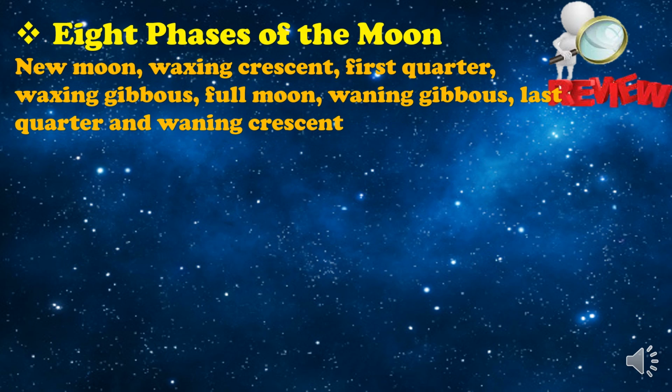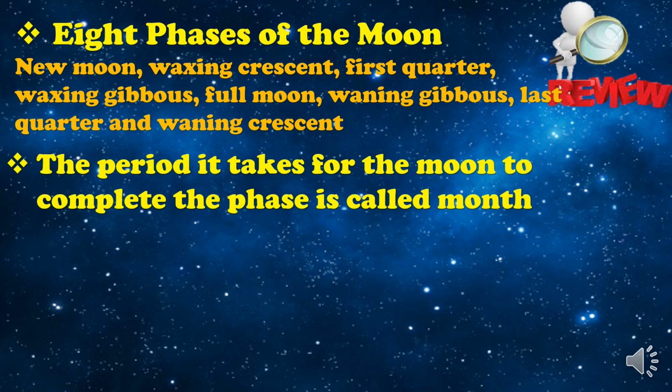Before we move on to our next lesson, let us review our past lesson. We have discussed the 8 phases of the moon: new moon, waxing crescent, first quarter, waxing gibbous, full moon, waning gibbous, last quarter, and waning crescent.